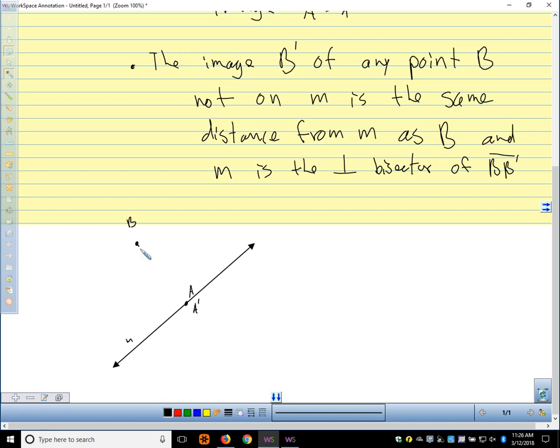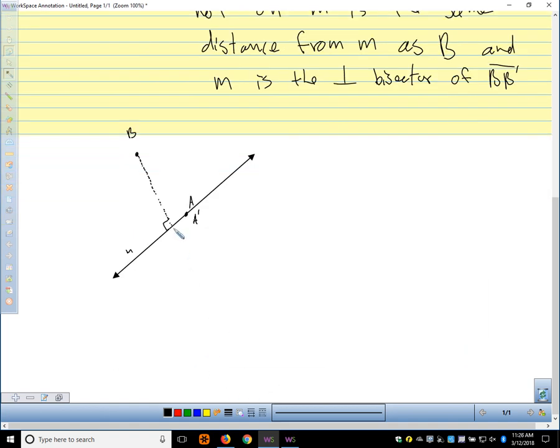So we go straight towards the line, and by straight towards the line, we mean we make a 90-degree angle. And we go the same distance to the other side of the line as B is on this side. So there would be B prime. And we're saying that these two segments are congruent.